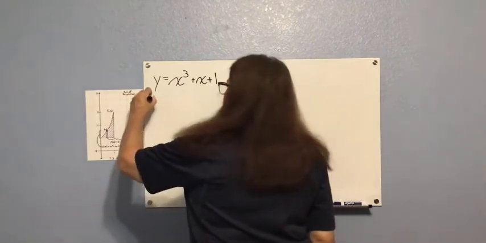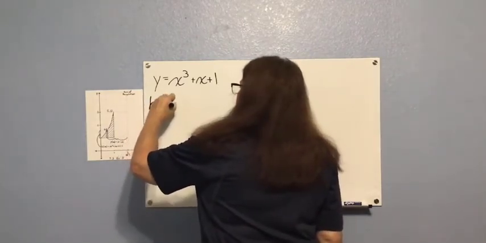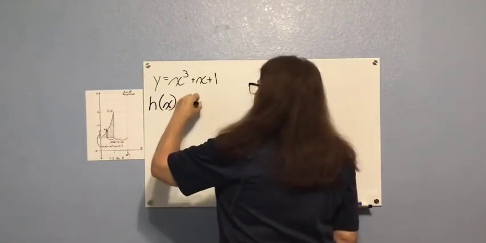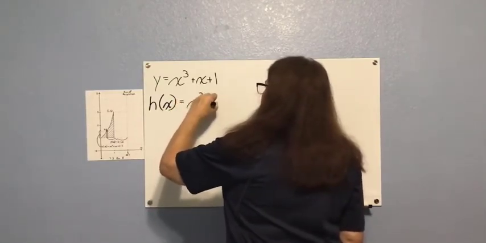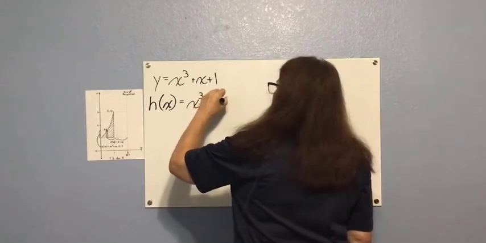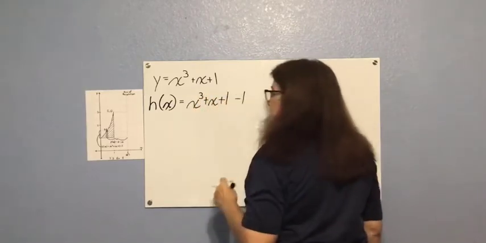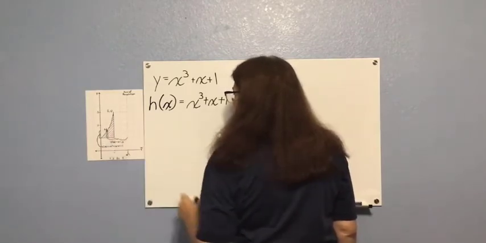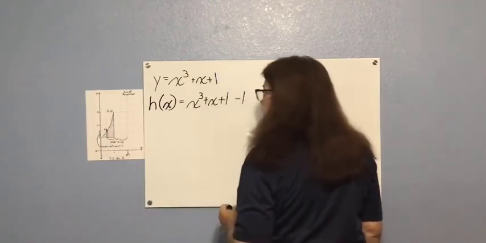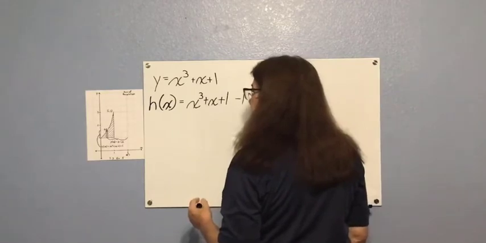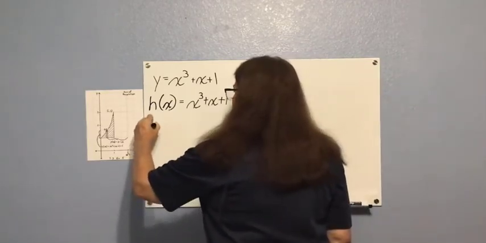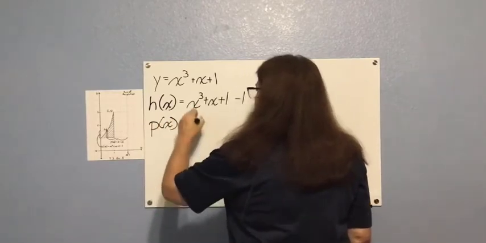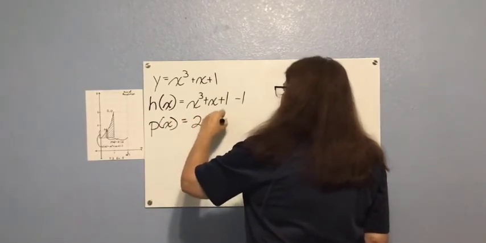Okay, so for the shell method, h of x is going to be x cubed plus x plus 1 minus 1. We're going to subtract that because of the distance away from the axis. Okay, and then p of x is 2 minus x.